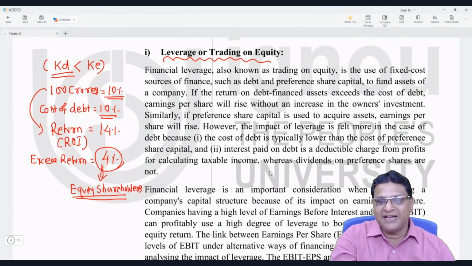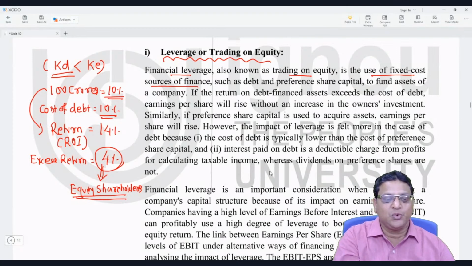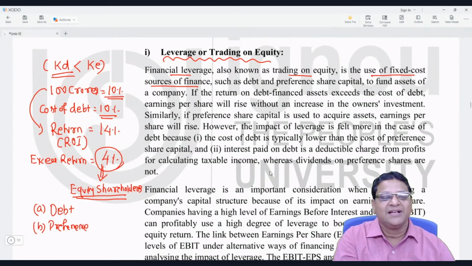So in case of financial leverage or trading on equity, what we do is we use fixed cost sources of finance. What are fixed cost sources of finance? There are two fixed cost sources of finance: one is debt, another is preference share. So we use debt and preference share to magnify the return of equity shareholders.